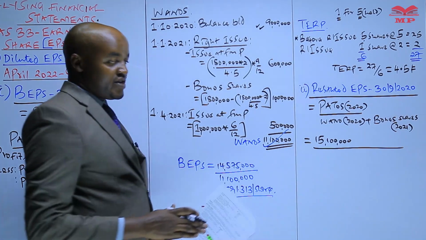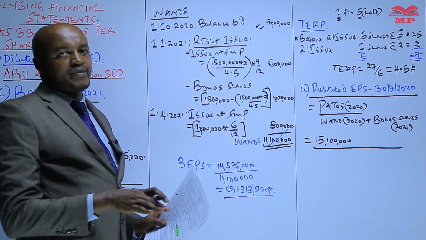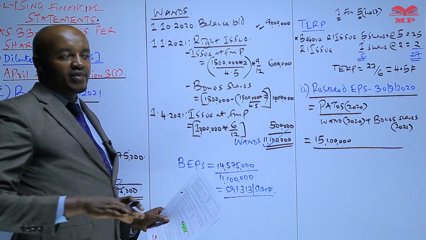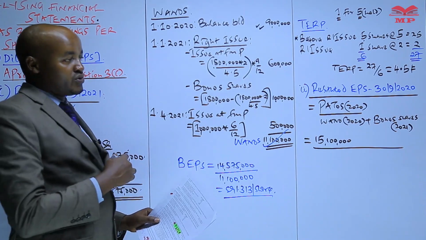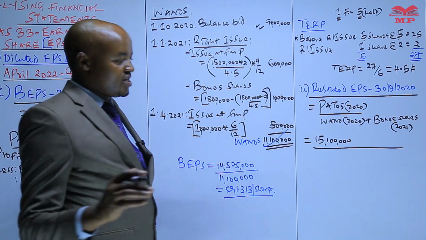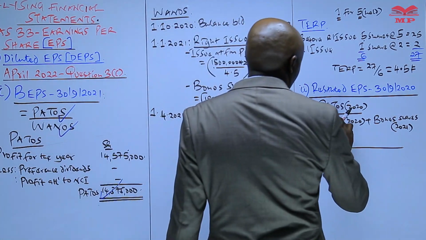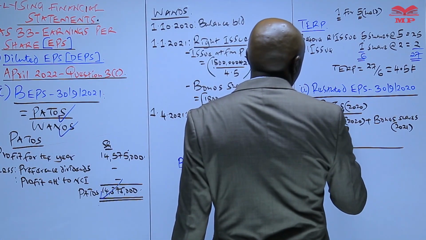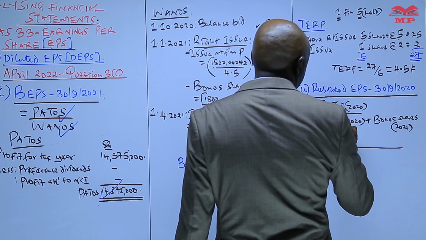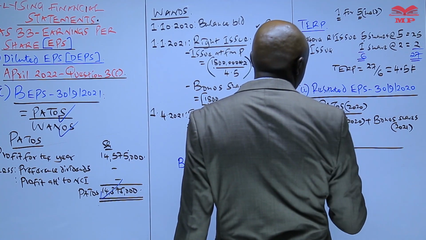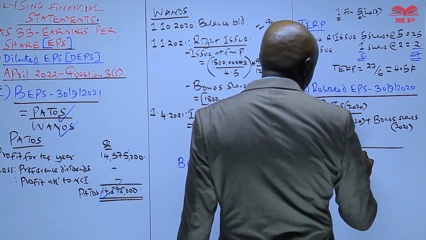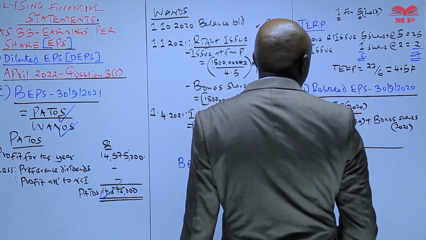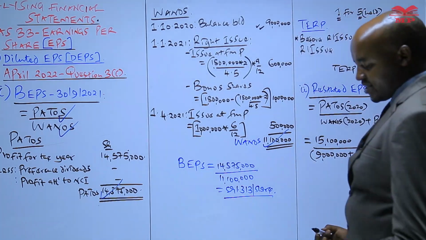And therefore, if we are just given the shares issued and fully paid at the end of the year, and the examiner has not given you the shares which were issued during that year, then you assume those were the shares which were outstanding for the whole year, and therefore that will be your one-offs. So the one-offs for 2020 will be 9 million. And then to this, we add the bonus shares which were issued during the current year.